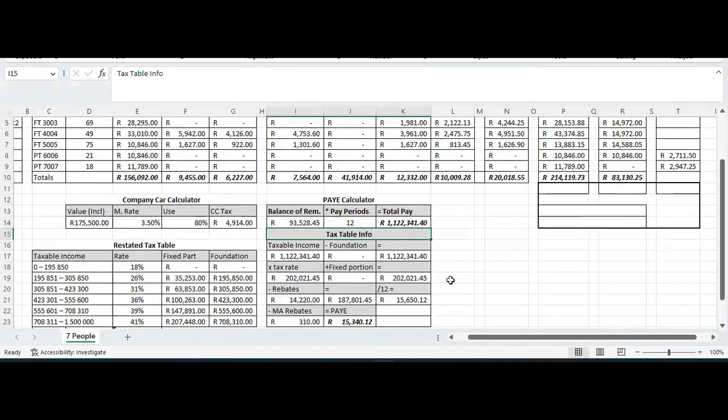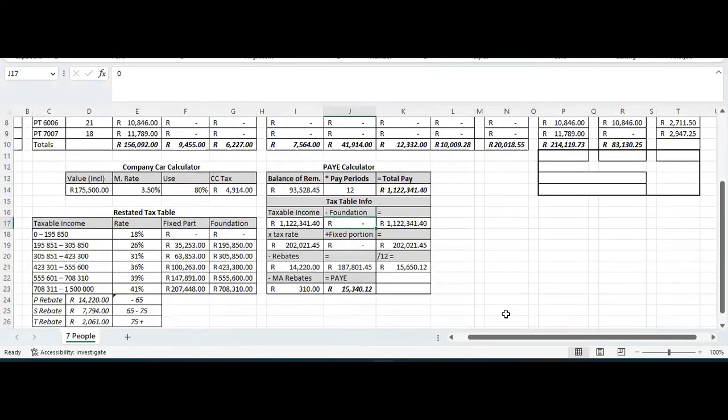Okay, his total pay for the year is 1.1 million. In his case, there obviously is a foundation, and it's quite a big one. Remember, see, he falls in this last tax bracket that they gave us, where the tax rate is 41%. So the foundation amount in his case is this 708.